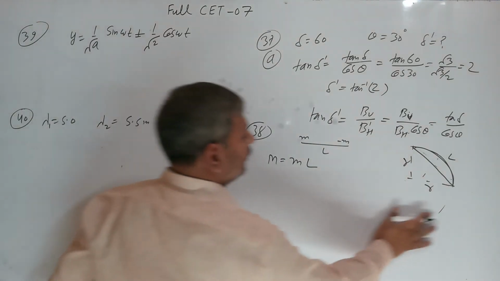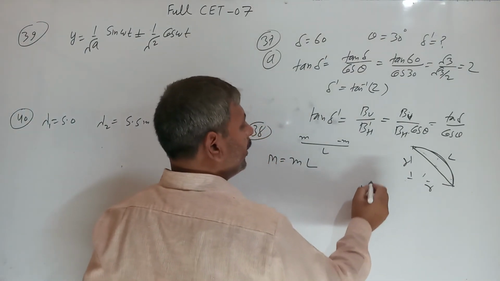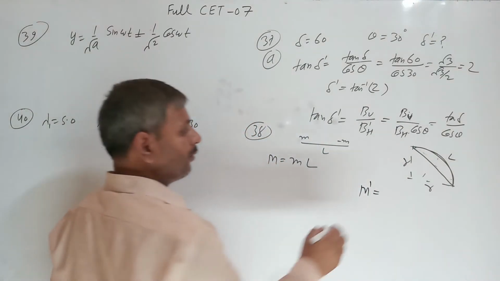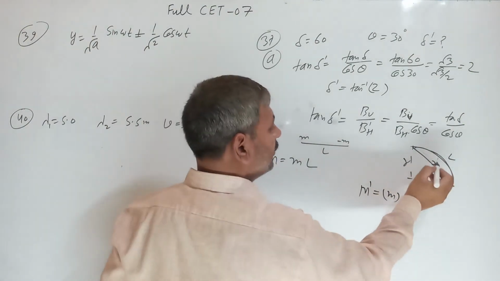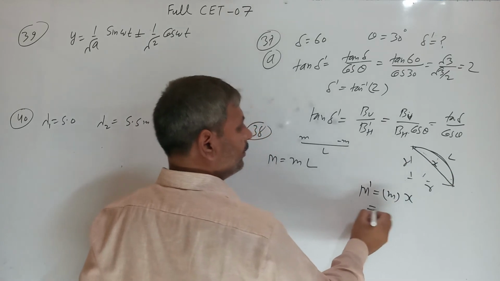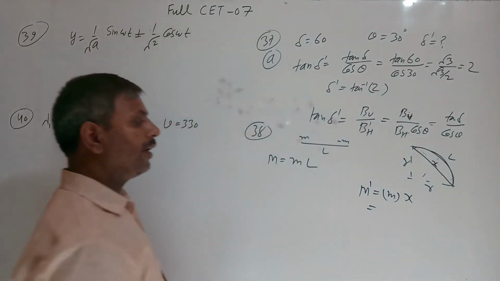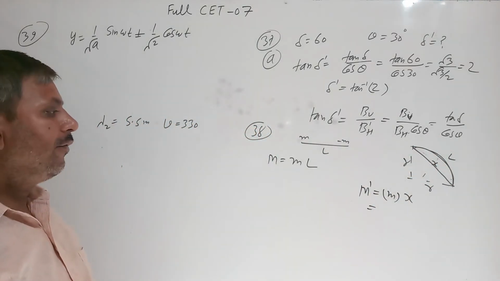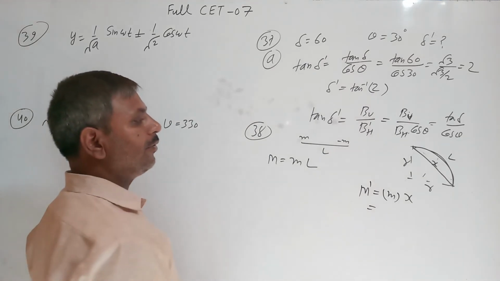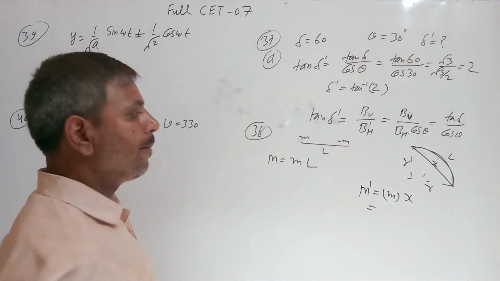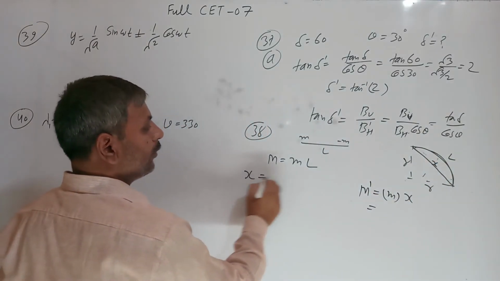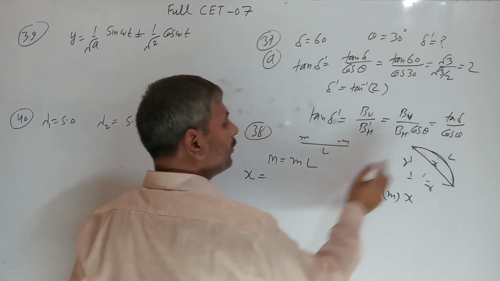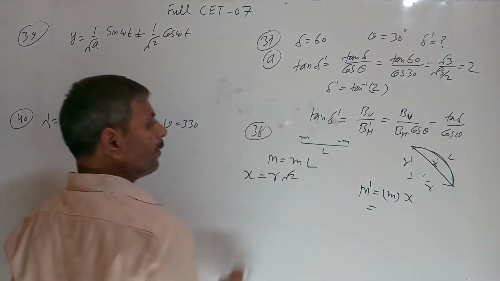The new magnetic moment is equal to m into this length, and suppose this length is X. So what is the relation between X and L? See here, X is equal to R root 2.